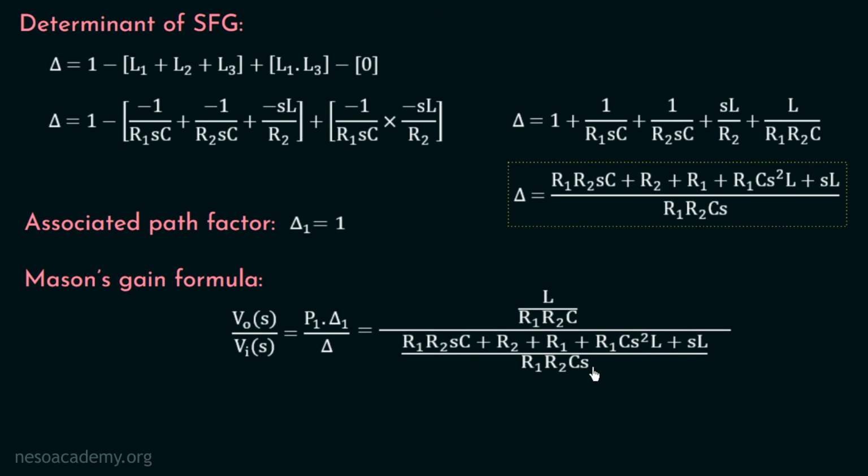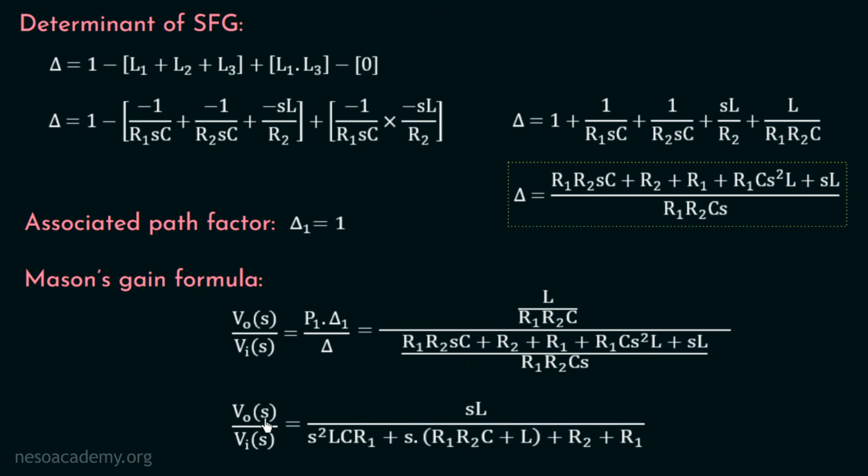The forward path gain P1 is L over R1 R2 C. The value of associated path factor del 1 is equal to 1, and this is the determinant of SFG. Now we can see that this term R1 R2C and this term R1 R2C will get cancelled, and this S will come to the numerator, and if we solve this, we will have Vout s over Vin s equal to S multiplied with L over S squared LCR1 plus S multiplied with R1 R2C plus L plus R2 plus R1.